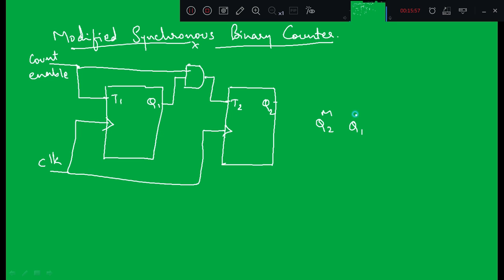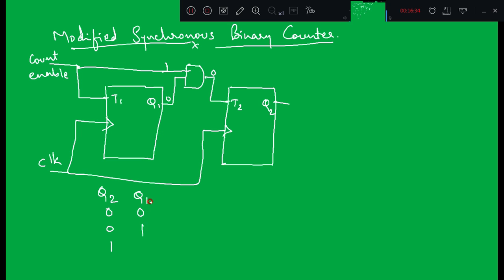Q2 is MSB, Q1 is LSB, both are 0, right? Then 0 1, because Q1 continuously toggles whenever it receives the rising edge of the clock. And why Q2 doesn't toggle? Because Q1 was 0 previously and count enable is 1, the output of the AND gate will become 0, T2 is 0, so Q2 remains in its previous state, right?